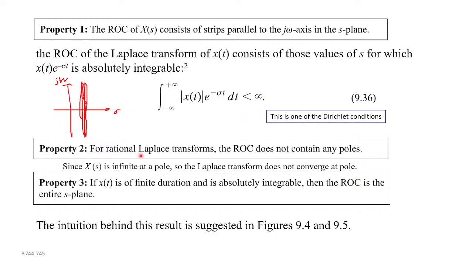Okay. And then property 2 sounds pretty dumb, but is useful. That is, your ROC does not contain poles of the rational functions, just because at the poles your function can diverge. So obviously that's not something in the region of convergence.